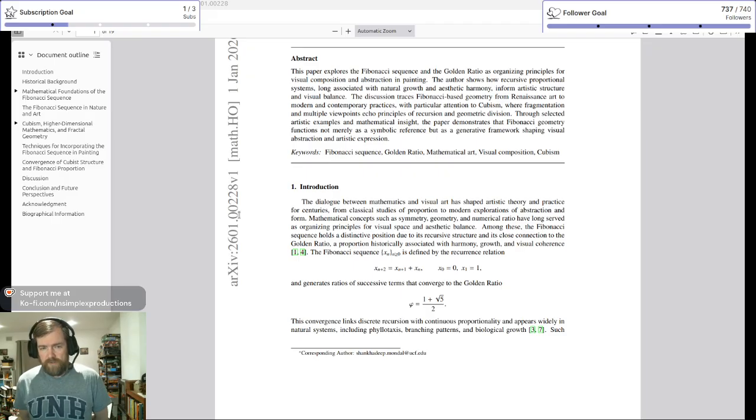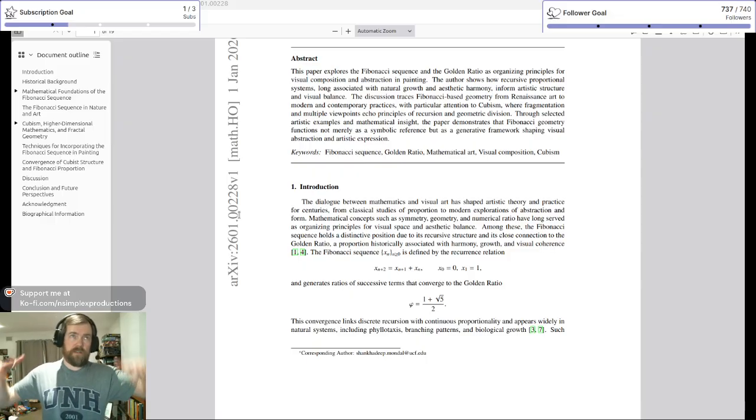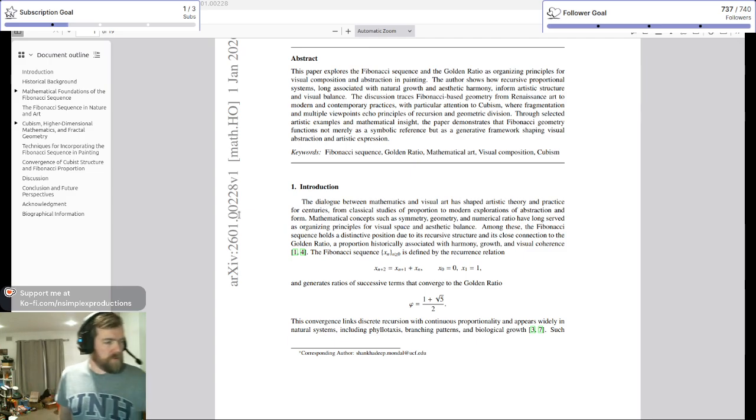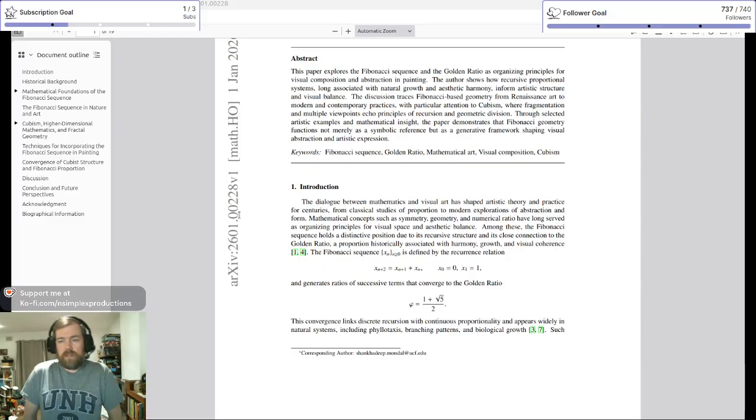Now, I do have to put a little footnote on that: there are many pieces of art, both on canvas and in real life, that people have long attributed to the golden ratio, to Fibonacci numbers, and it oftentimes is just not true.